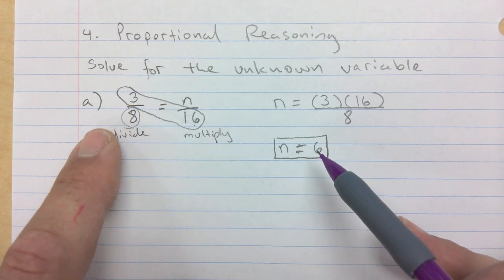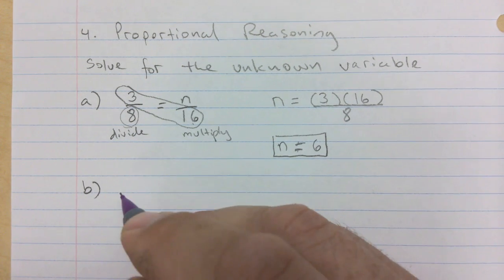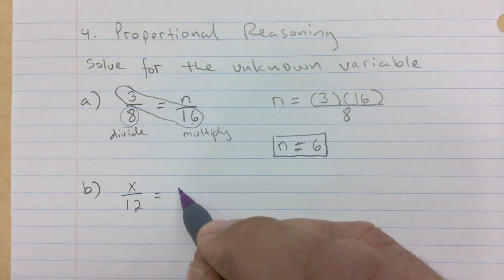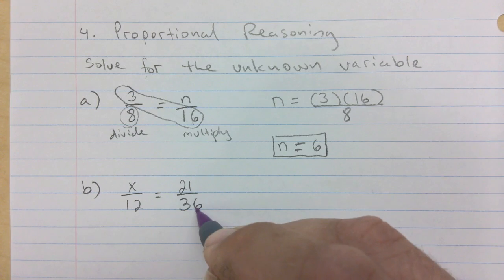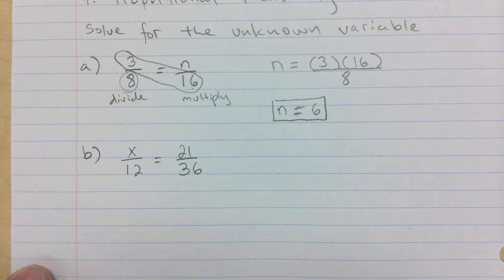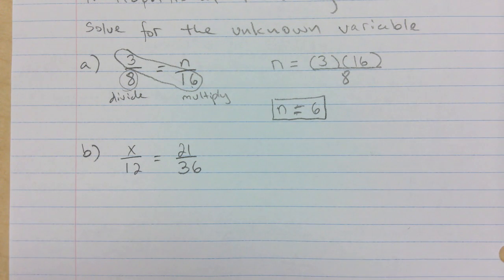So now we know they're the same. Okay? B. I'll just put up one more, and then I'll give you a bunch to try on your own. Maybe I use a different color here.